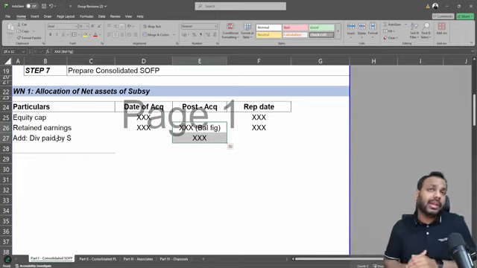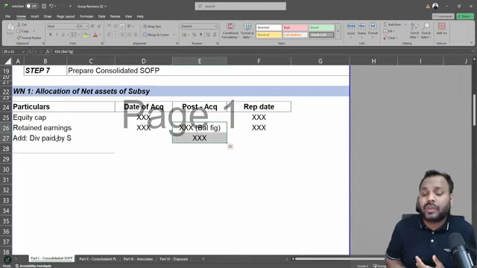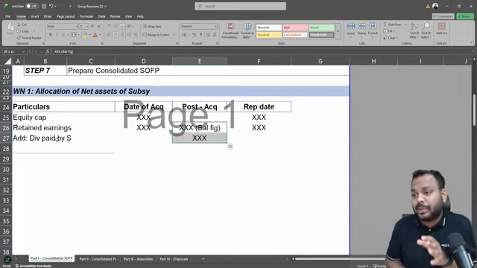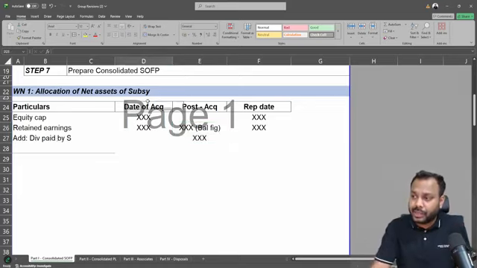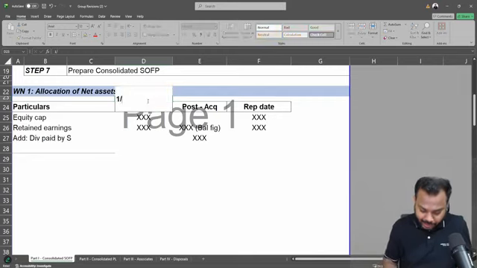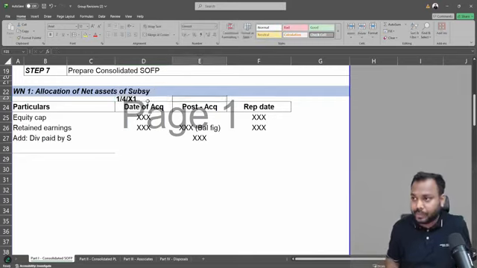Now, if the question gives information which says that the subsidiary was acquired in the middle of the year, let's suppose this is 1st April 20x1 and this is 31st March 20x2.